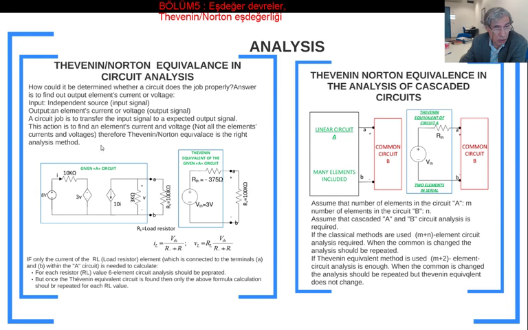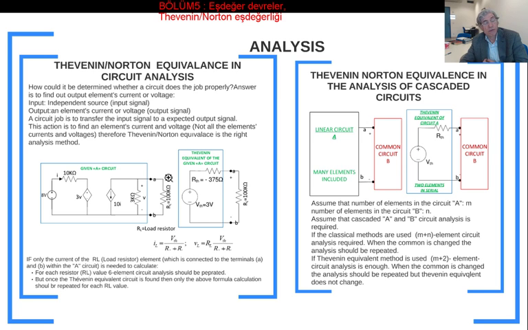Now consider that this is your equipment, the whole of it, and this is your output. So each circuit has an input and an output. What your circuit does is transfer the input signal to the output signal.